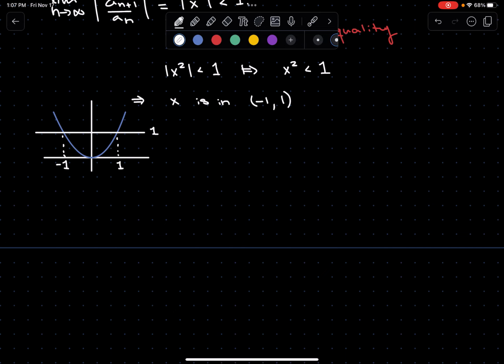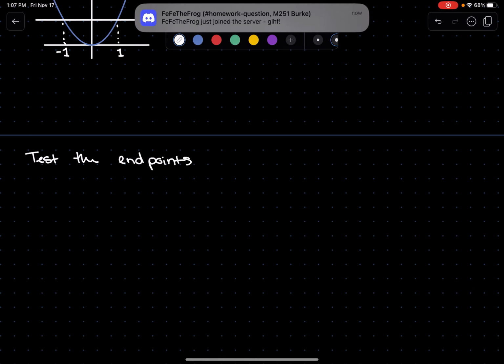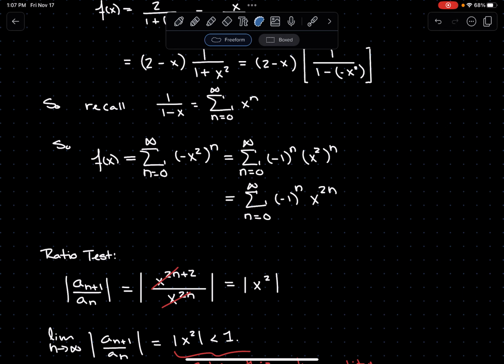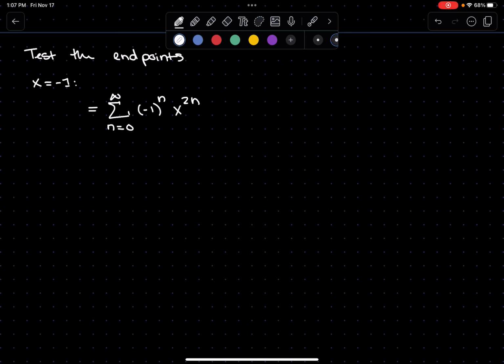So if it converges in here, then this whole thing is going to converge. So that's all I care about is this sum, okay? So let's test the endpoints. x equals -1. Okay, well then our series becomes the sum from n equals 0 to infinity of -1 to the n times -1 to the 2n.